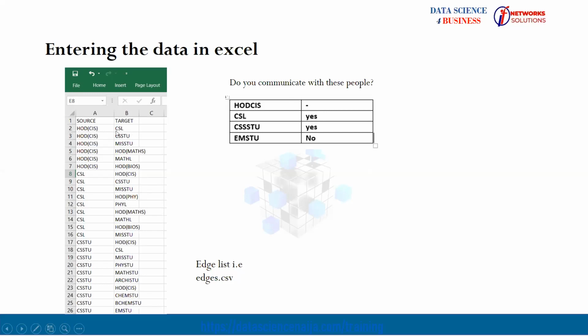So that's how we got this data in this Excel sheet, this first edge list. Now for this second person, you also check he communicates with this person. So that's what informs this one. And then you keep going on and on like that till you have created your edge list.